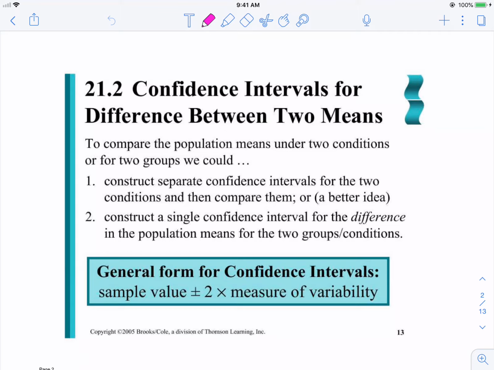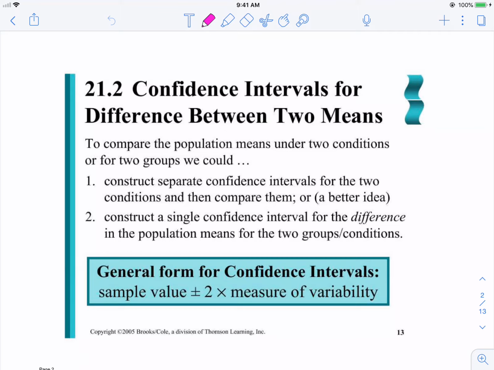What we have been doing, whether we're talking about a single proportion or a single mean, was fairly limited in the scope of what we could conclude or compare. But now, when we're comparing two different populations to each other, this is where statistics becomes very powerful.